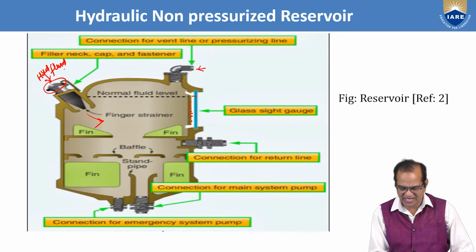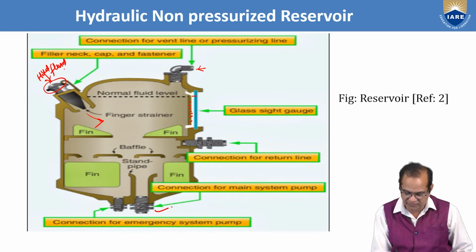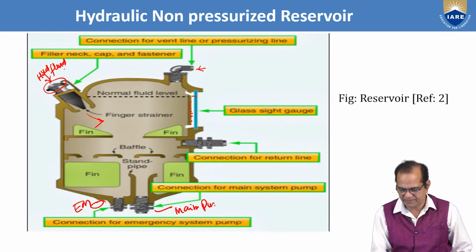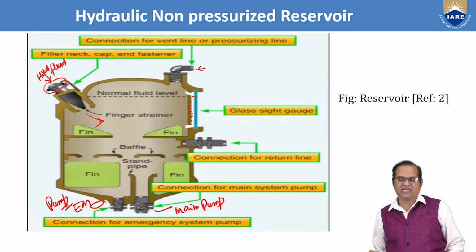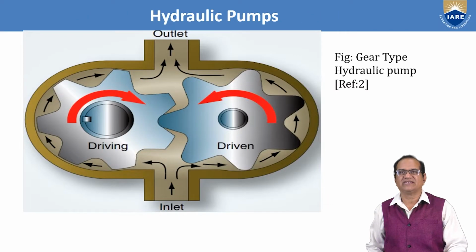We can see the connection for the emergency system pump. So this is for the main and this is for the emergency. Main pump, and this is the emergency pump. So like this, a hydraulic reservoir is made.